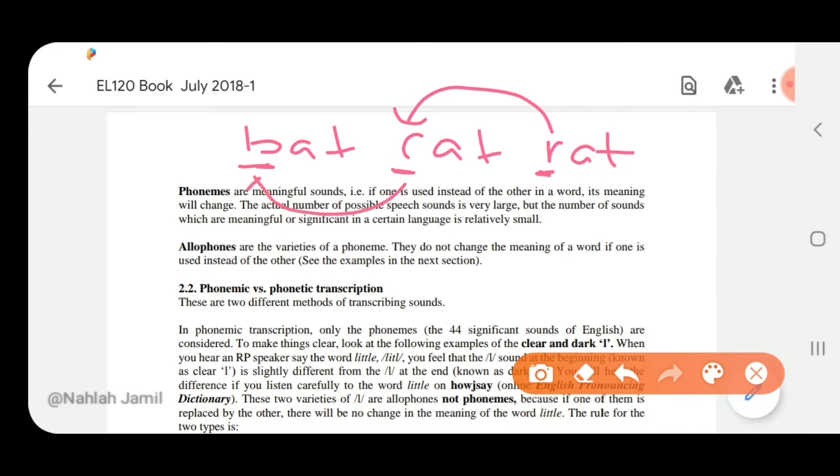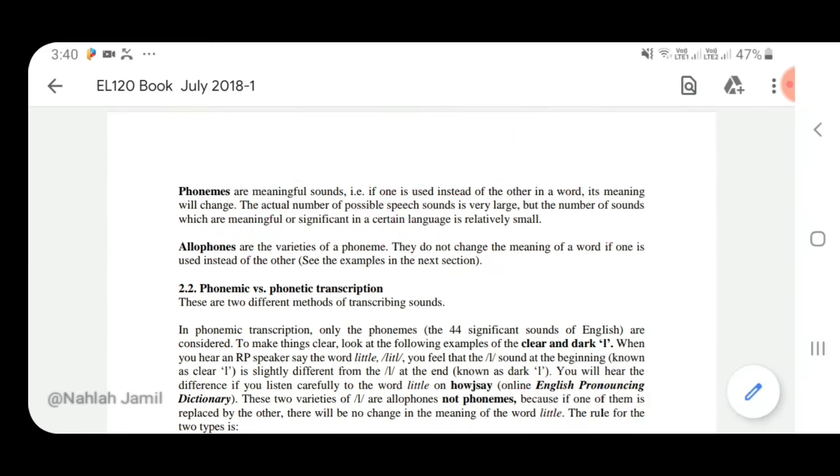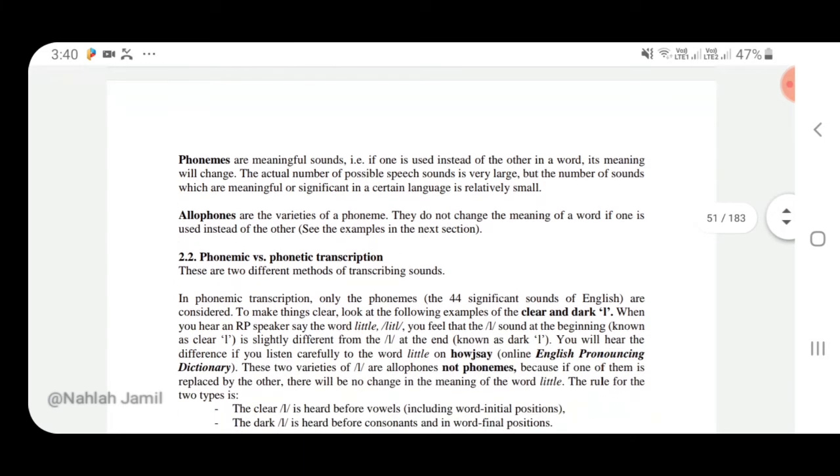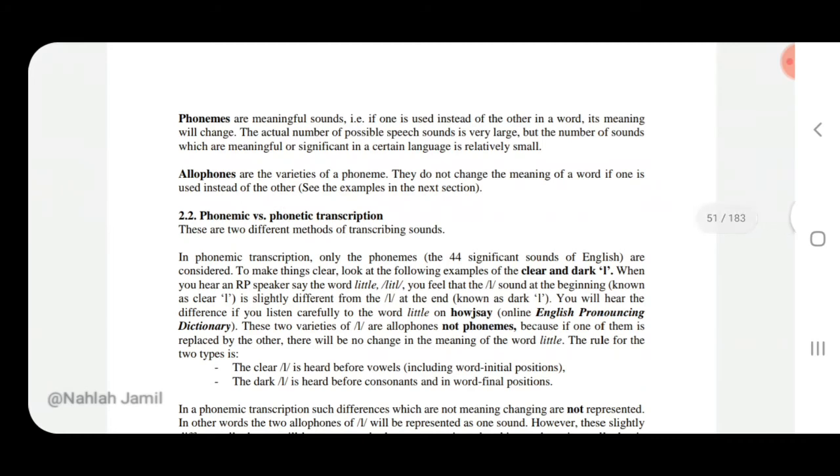If you change this over here, it's going to change the meaning of cat into bat. So when one phoneme takes the place of another, the meaning will change, and that is what a phoneme basically is. It is the same as an isolated speech sound, but it is called a phoneme if it replaces another phoneme and the meaning gets changed.